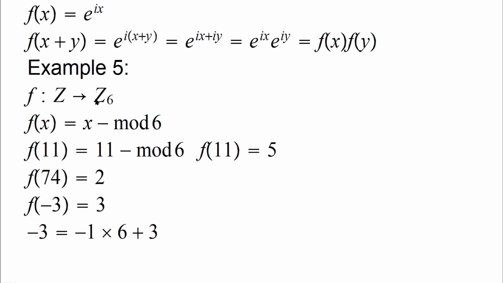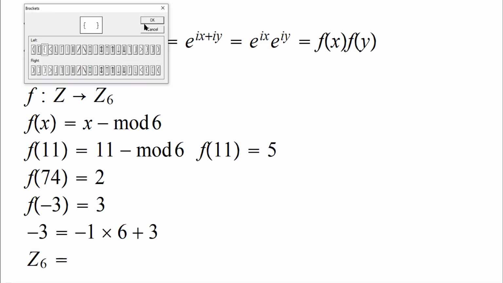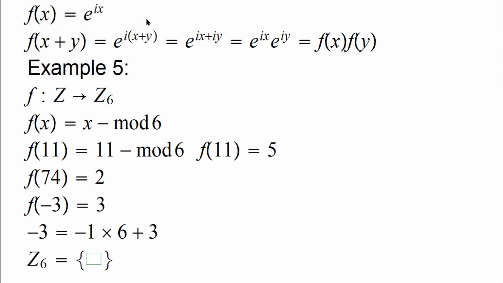And that is in case you are taking Z6 to be the set of elements between 0 and 5. And they're all just mod 6 for the sake of clarity of expression, okay?